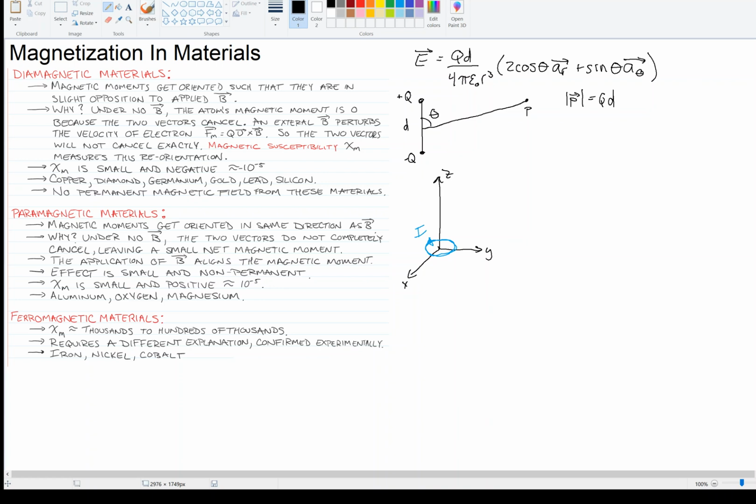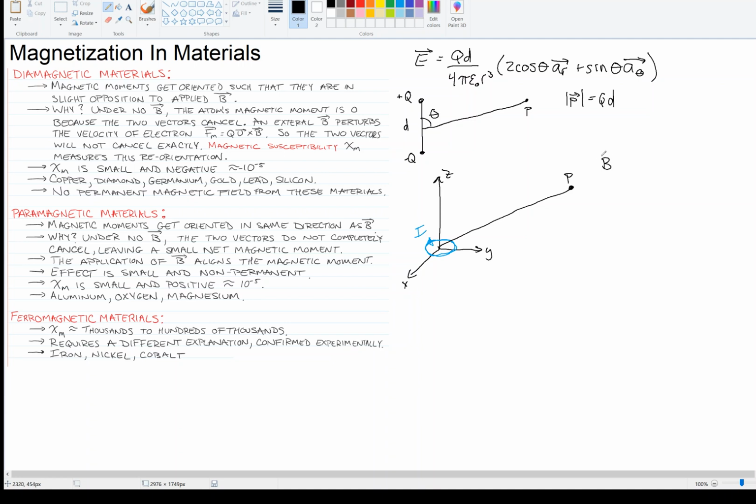And what's interesting, and we did not do this part, is if you looked at the magnetic field a far distance away, so far meaning the distance from the center of the loop to point P is much larger than the radius of the loop. So if the radius of the loop is like 1 centimeter, we're talking about 10 centimeters, 20 centimeters away.